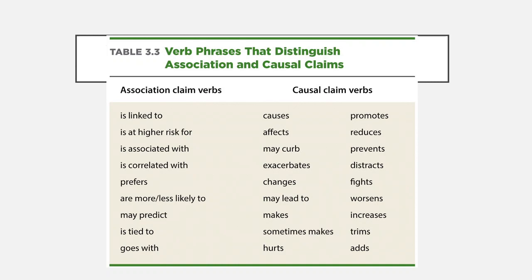Additionally, I would recommend when you're reading about research, whether in an academic journal or in more mainstream sources, look at how the language is subtly tweaked to try and cause the audience to come to a different conclusion. Are you reading about correlational research that uses a causal claim type of verb? That might be an indication that you want to reserve your judgment and think about why the authors might be using that misleading language.